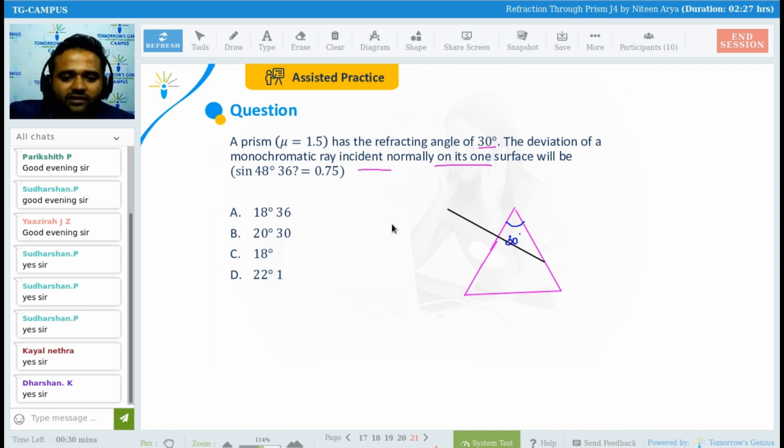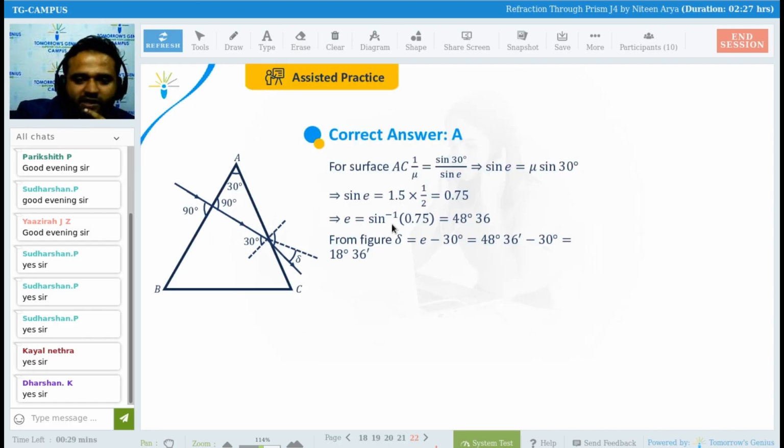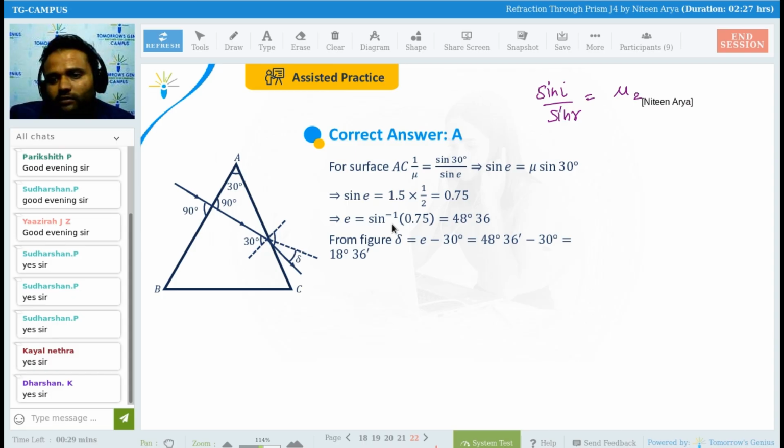No, sir, some calculation error. Very easy. 48 degree 36 minutes, sine is 0.75. So sine inverse 0.75. Easy one. For surface AC, sine i by sine r is mu 2 by mu 1.